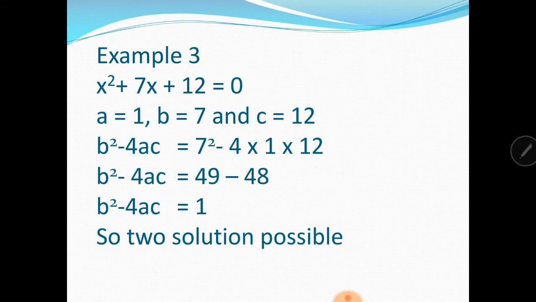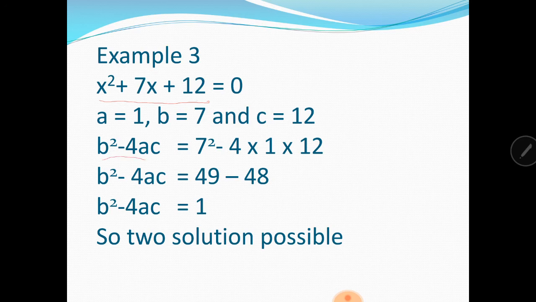Now let's take a third example where you have the discriminant greater than 0. So if you compare this equation with ax square plus bx plus c, then a is 1, b is 7 and c is 12.